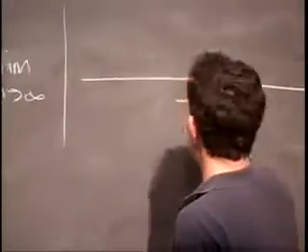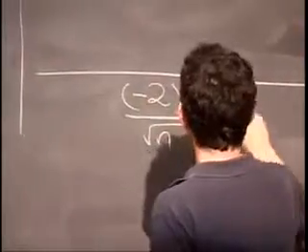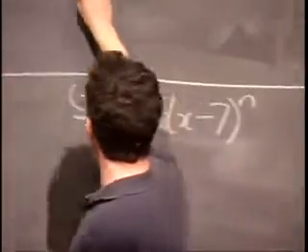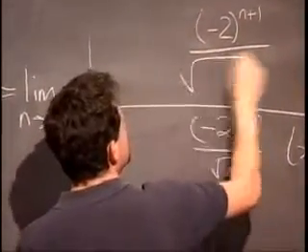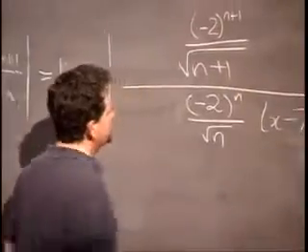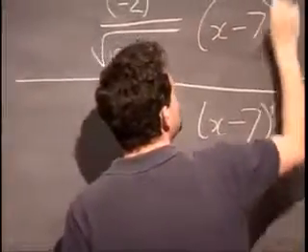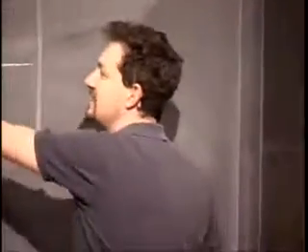I get minus 2 to the n over root n, x minus 7 to the n. And on the top, I increment n. So I get minus 2 to the n plus 1 over root n plus 1, x minus 7 to the n plus 1. Notice that it's n that I'm increasing, not x. x doesn't get touched. I'm leaving x as it is.